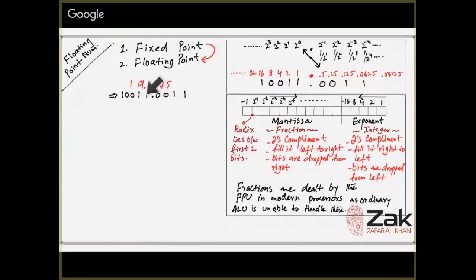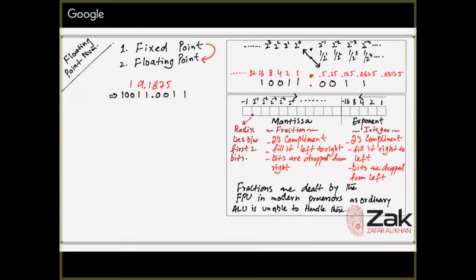So this is 19: 1, 2, 4, 8, 16, 16 and 2 is 18, and 1 is 19, and point 0011. The 11 represents that we are actually adding 0.125 and 0.0625. So this representation is actually fixed point. Whatever number is given, you would have to find out the equivalent of this fraction on the right by using these decimal places, and on the left it would be the usual business.